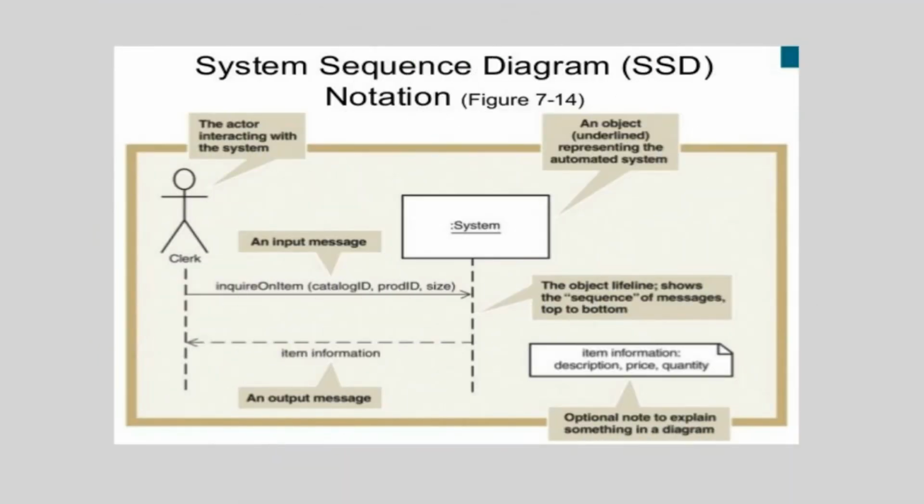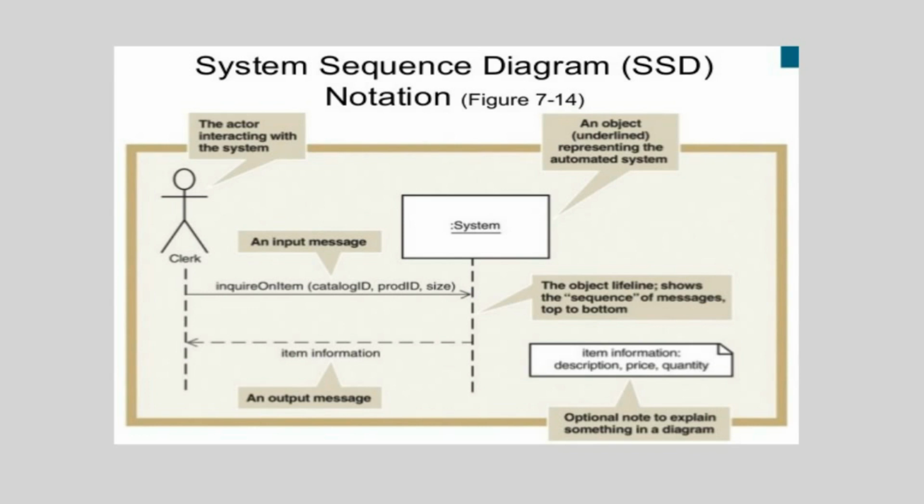System sequence diagram, SSD, notation. For example here, the stick figure is the actor or user interacting with the system. The user inputs a message like catalog ID, product ID, or size.